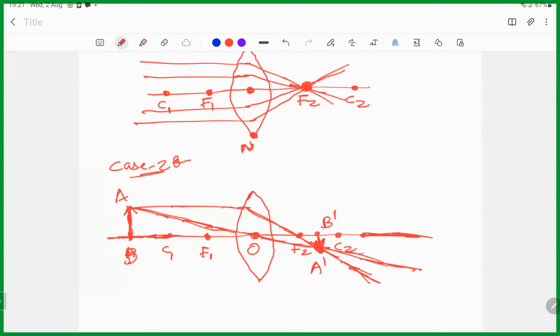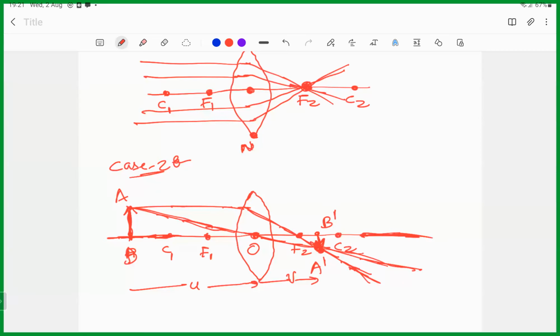So what is this one? This will be U, this will be B, right? So what's happening here? If the object is between infinity and C, then the image will be formed between C and F, F2 and C2.